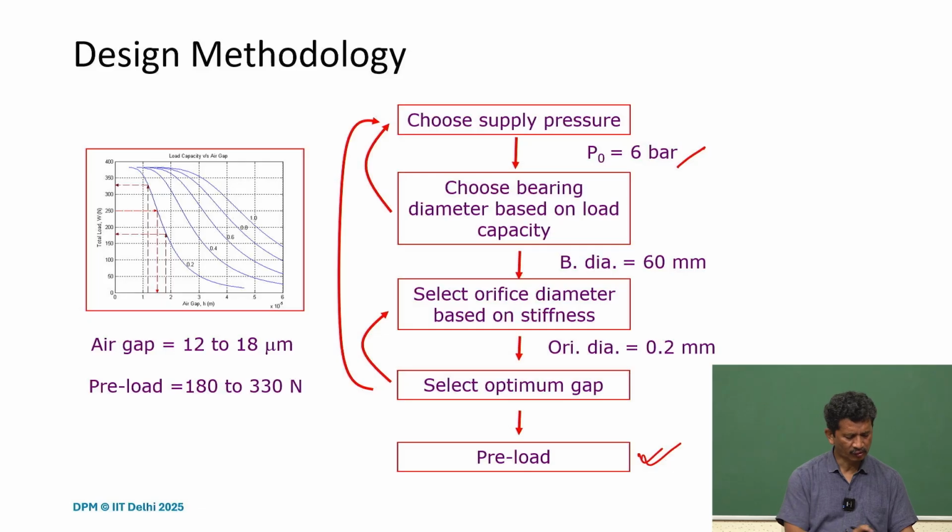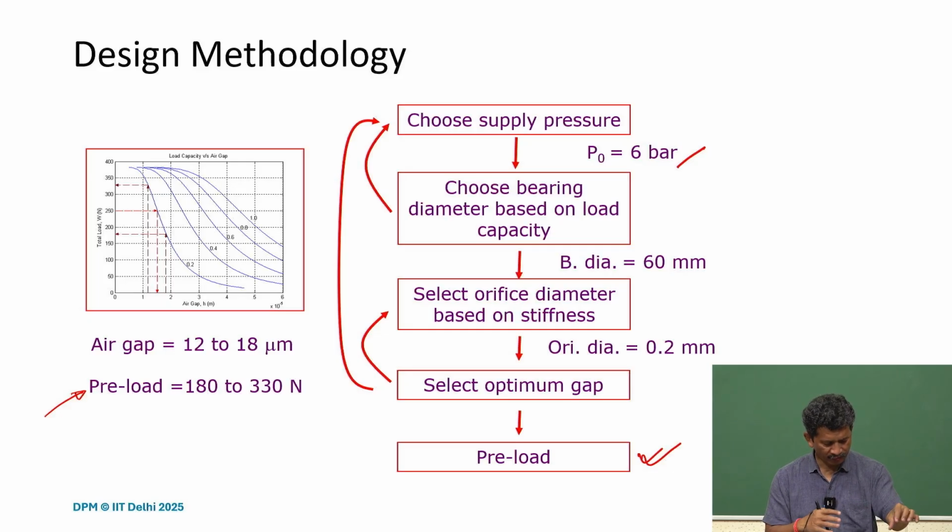It's also clear from here, from the characteristic we are looking at, that the load changes from 180 to 330 newtons. So the preloading, and of course that includes loading in the positive direction, means the air bearing has to be pressed.